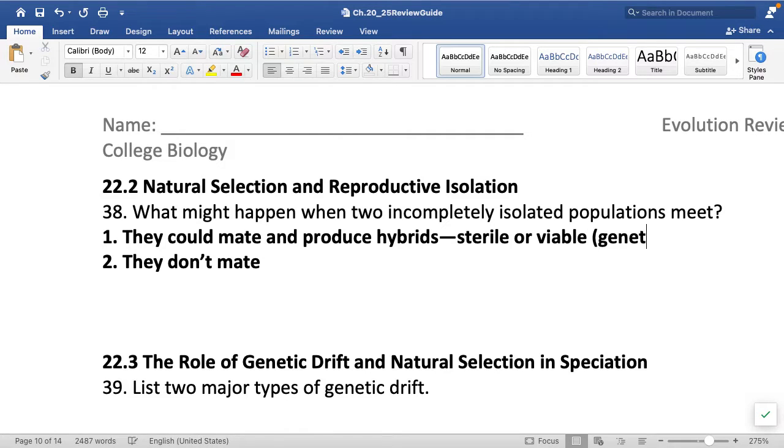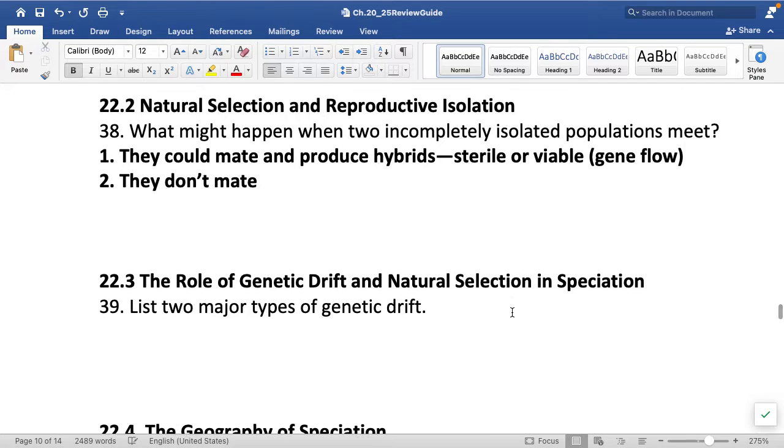I'm also going to put up here gene flow. Two major types of genetic drift: we've already discussed these. We actually had to do a little table with them. Bottleneck and founder effect.